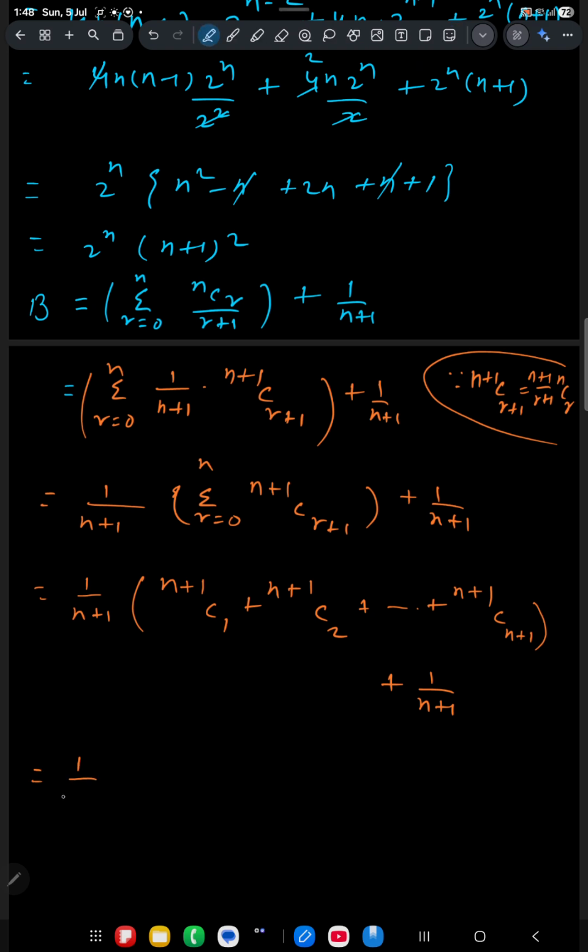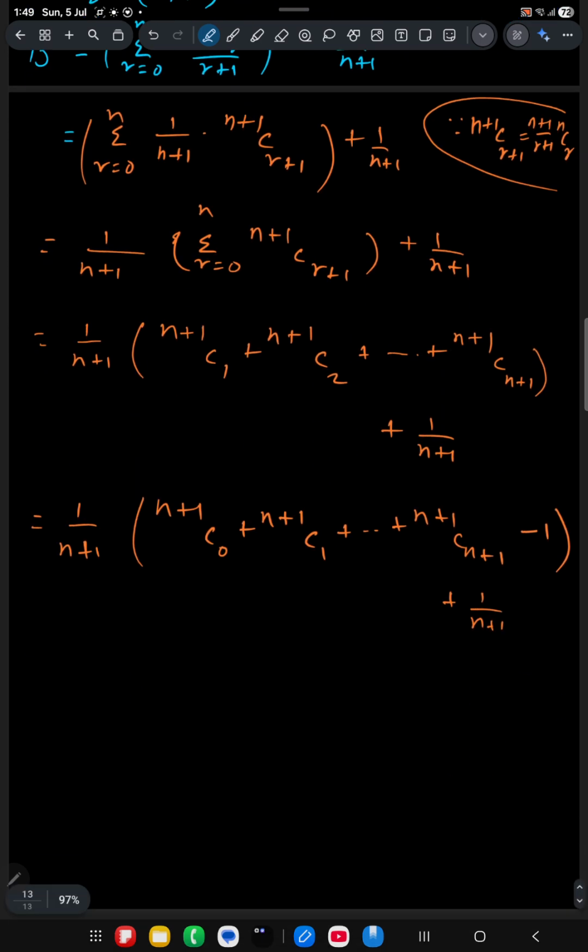Or the other way, you can write like this also. Here you write n plus 1 C 0, remaining terms are there, plus n plus 1 C n plus 1, and minus 1 you do here only, then it will be easier. So this part will become 2 to the power n plus 1 minus 1, plus 1 by n plus 1.